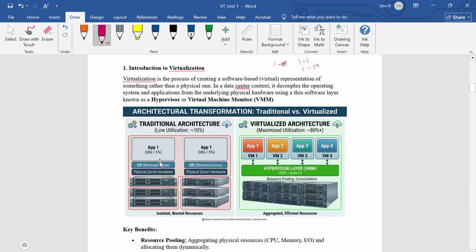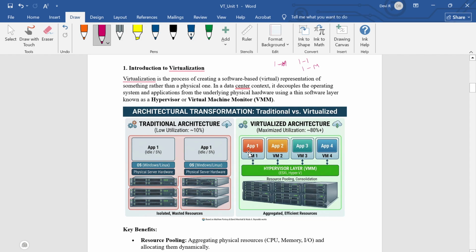The utilization percentage will be only 5%. The remaining 95%, the system will be idle. So there is a trade-off between the traditional architecture and the virtualized architecture, where the same physical server hardware is available, but it is represented as resource pooling.